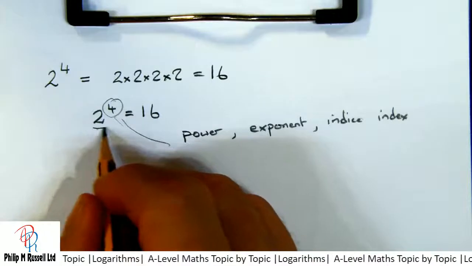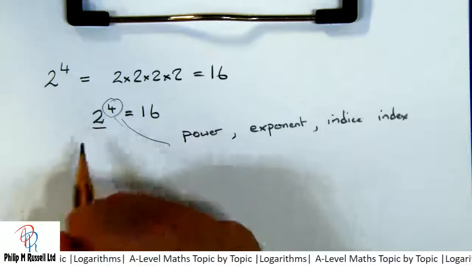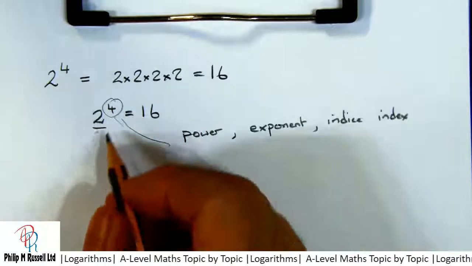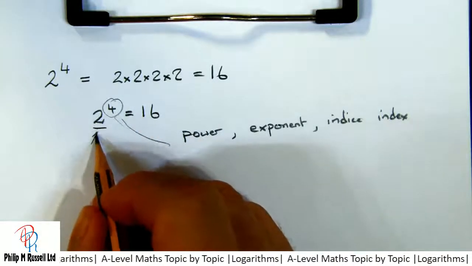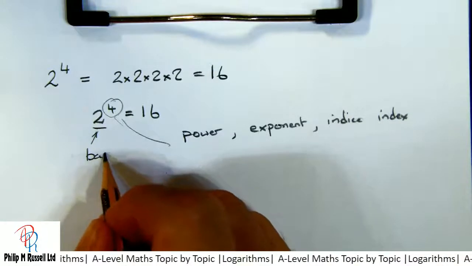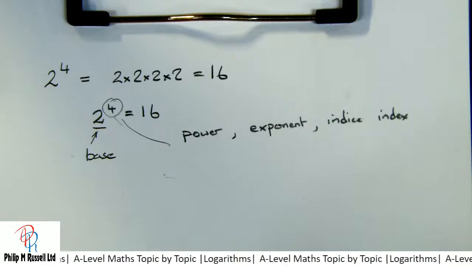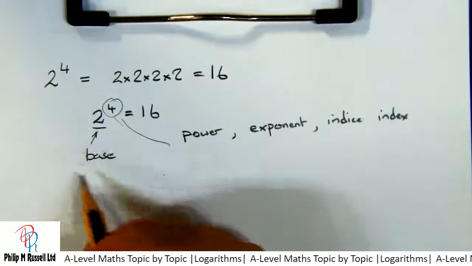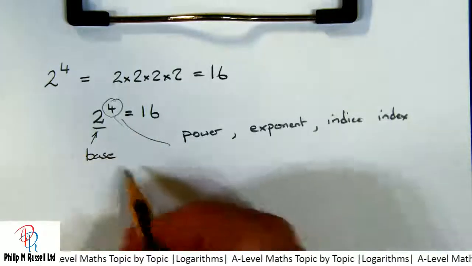This number also does have a name, and we're going to use that name because we're going to play around with logarithms today, and so this is called the base. So we know various bits and pieces about all sorts of numbers.